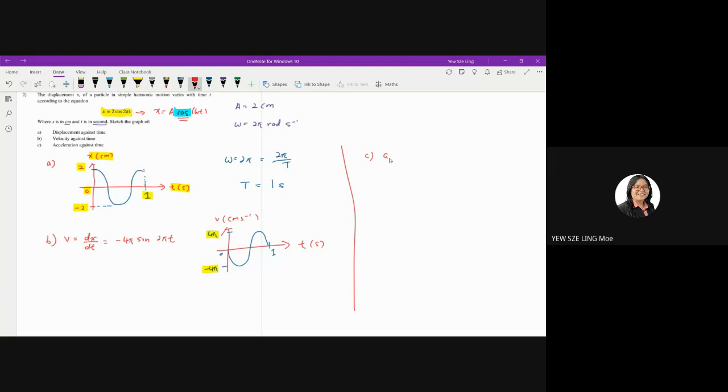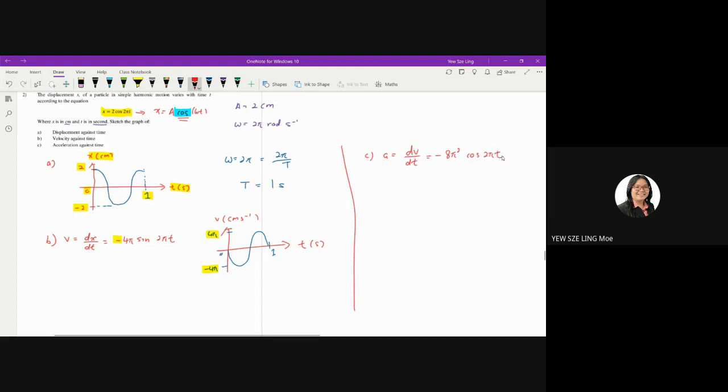Question C, now you're going to look at the a against time graph. So we have a equals dv over dt, which then equals, now you differentiate sine, you are going to get a positive cos. But the original equation comes with a negative sign, so you need to keep the negative sign. So you have negative 8 pi squared cos 2 pi t.